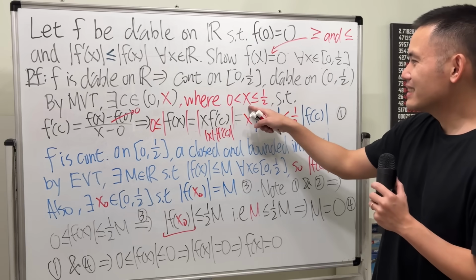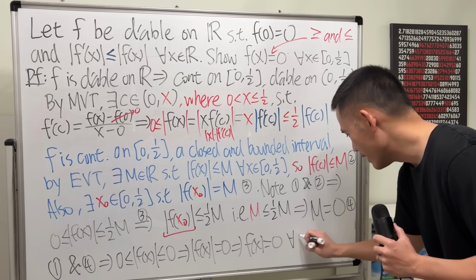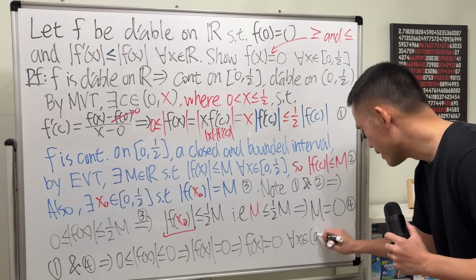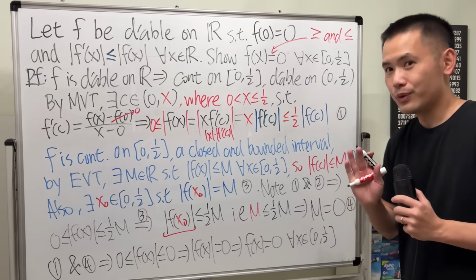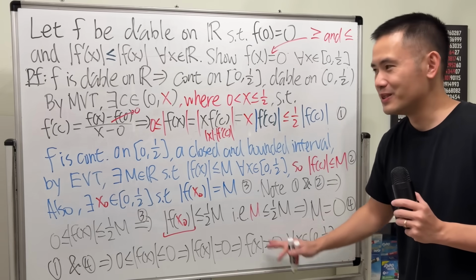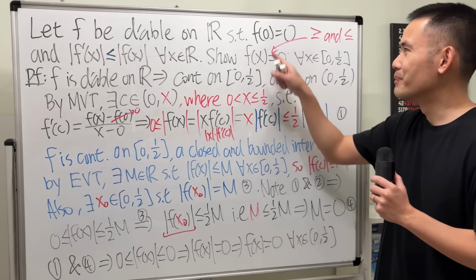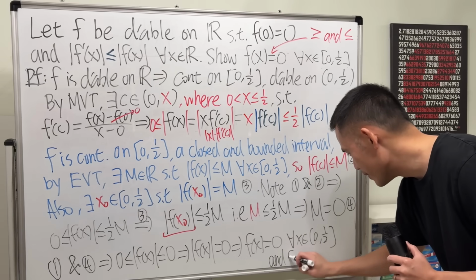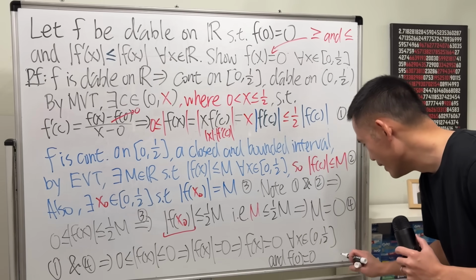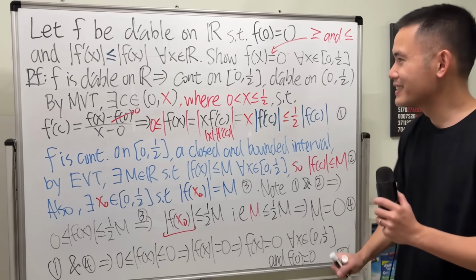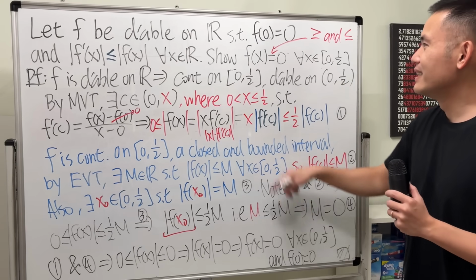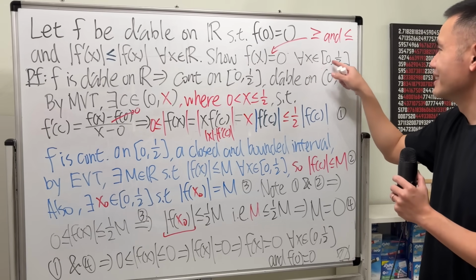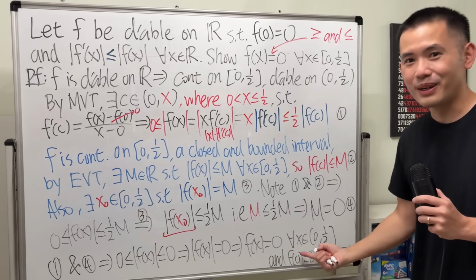What's x? x is anything in between 0 and 1/2. Don't worry, I know we are not including 0 in this case here, but remember f of 0 is equal to 0. In fact, we are done, because f of x is equal to 0 for all x from 0 to 1/2, just like this right here.